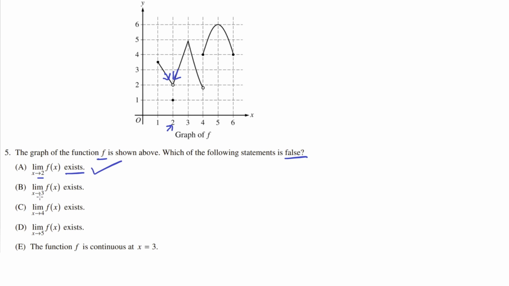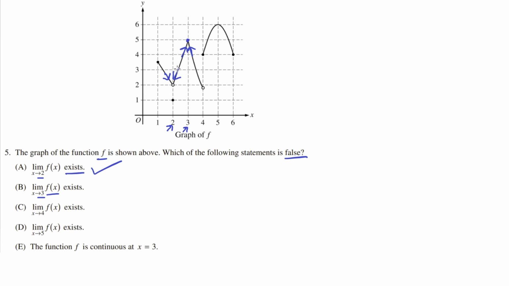B says the limit as x approaches 3 of f of x exists. So x equals 3 is here, and on the graph, f of 3 is 5. And to see if the limit exists, we will look at what the graph does to the left and to the right of x equals 3.